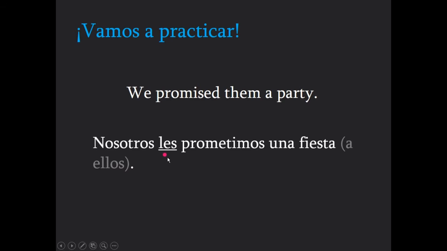So oftentimes you do have to clarify les if you're unsure or the context hasn't already stated who it is. But we know this means them. And it could even be you all. It could be we promised you all a party, because les means both to them or for them, and it means to you all if you're talking to a group. We know that this means them because we have the English for it. Okay, muy bien, sigamos.